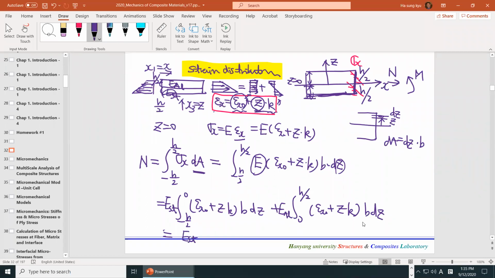E steel is a constant, and E epsilon 0 and B times the thickness here, so this will be half H, plus, now z we can integrate, so integrate means 2 over H, z square, from minus half to 0, and then there's a K and there is a B, like that, and similar terms here.